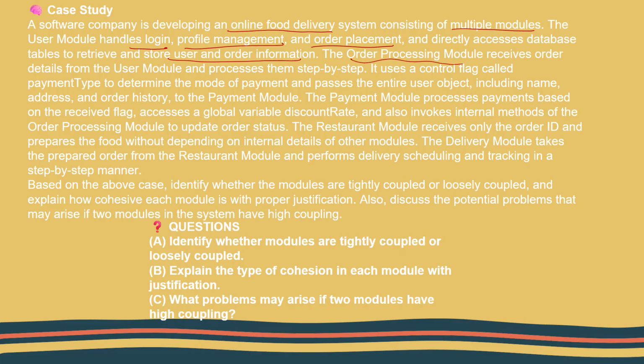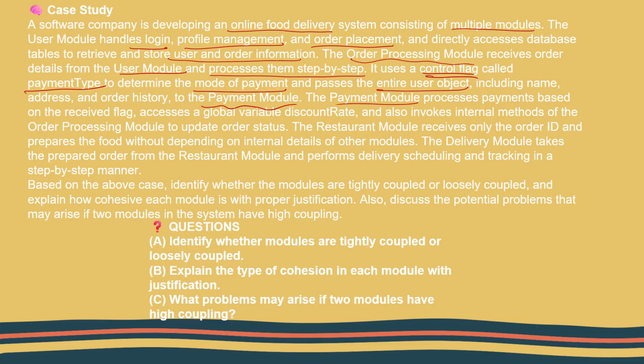The order processing module receives order details from the user module and processes them step by step. It uses a control flag, payment type, mode of payment, and passes the entire user object, that is all the details related to the user, to the payment module.